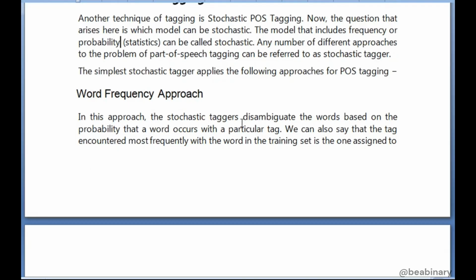So in this approach, stochastic taggers disambiguate the word based on the probability that the word occurs with a particular tag, that which we have to tag.